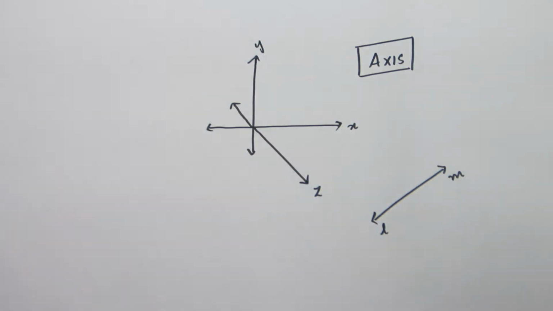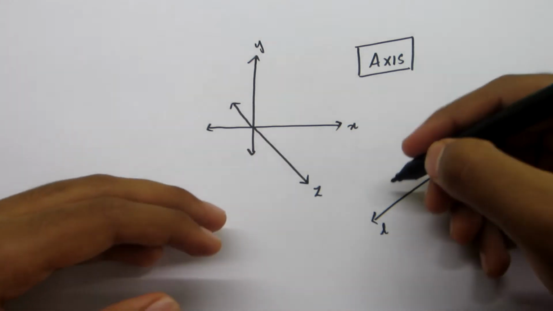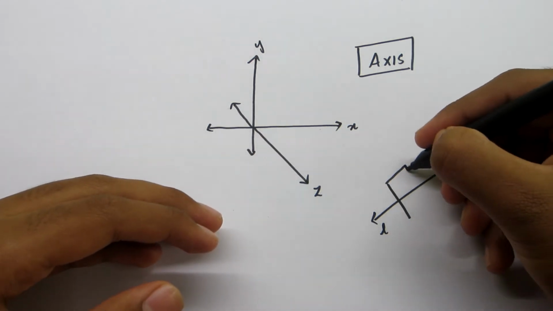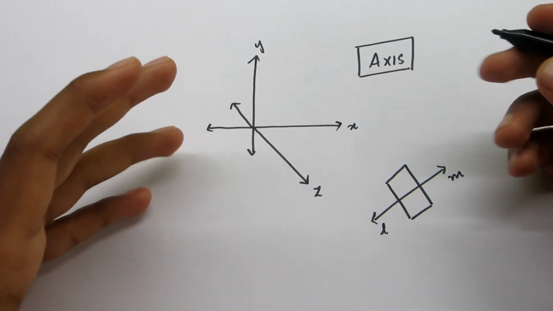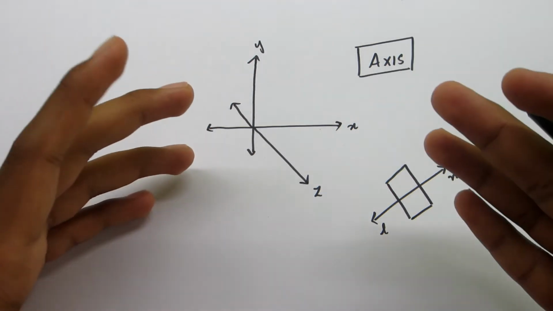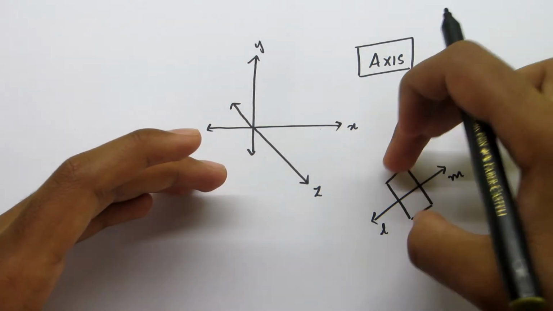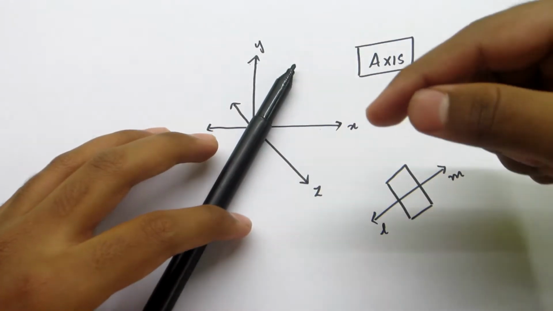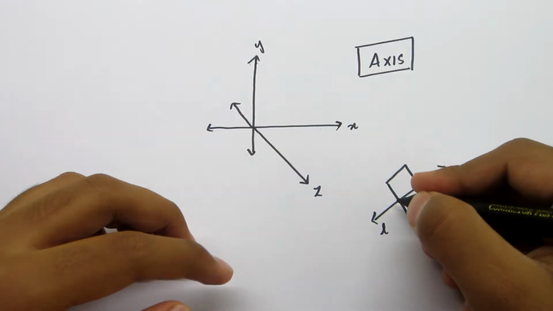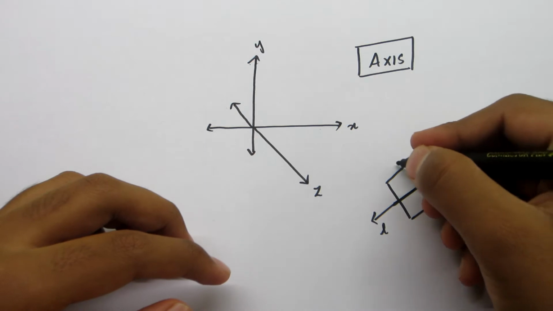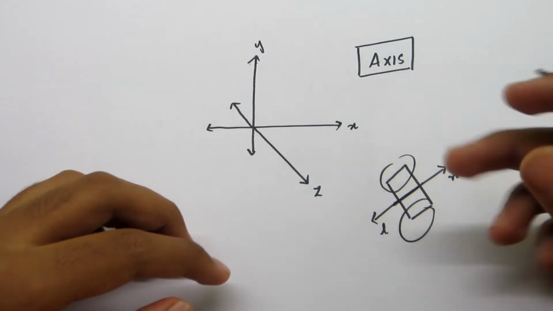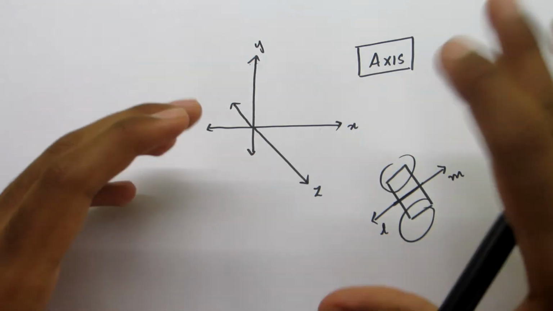What I'm trying to say is, if I consider any object, the most basic one would be a square or a rectangle in this case. When this rectangle is rotating and this part stays fixed, it's these parts that move around the line, but this part stays fixed on the line.